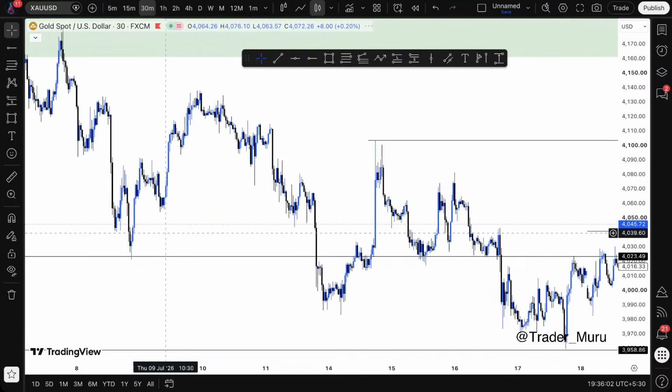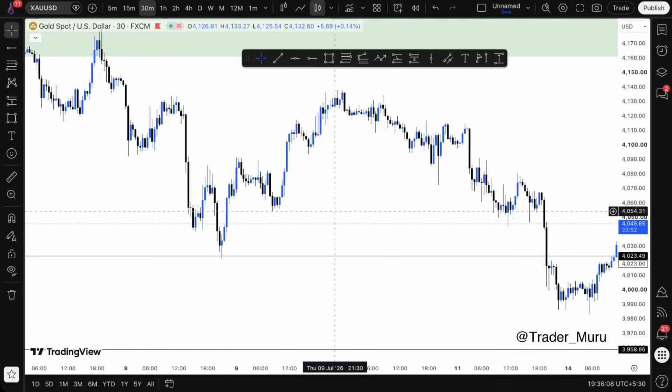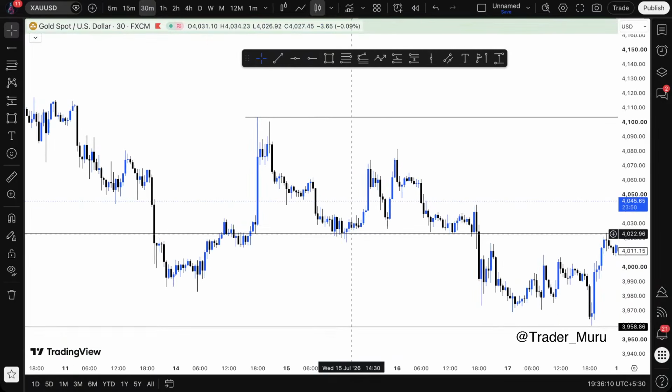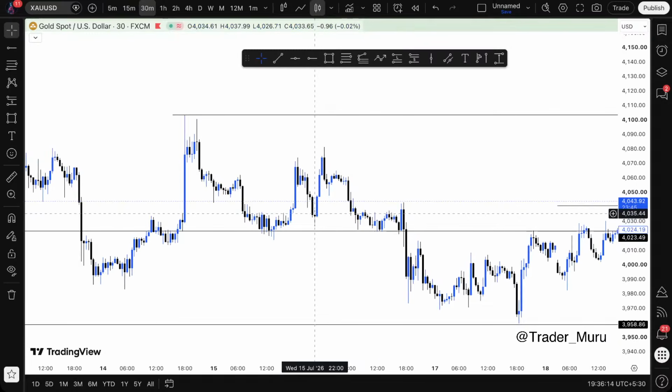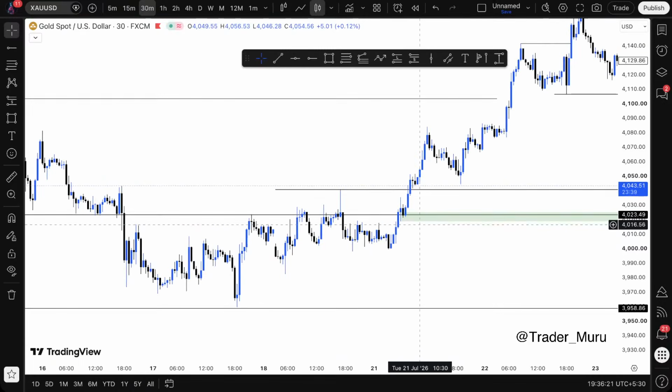In that case you can use the 30-minute break, retest, pump. So 4023 is important.